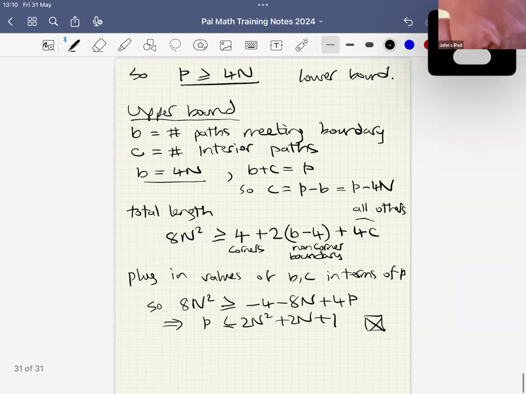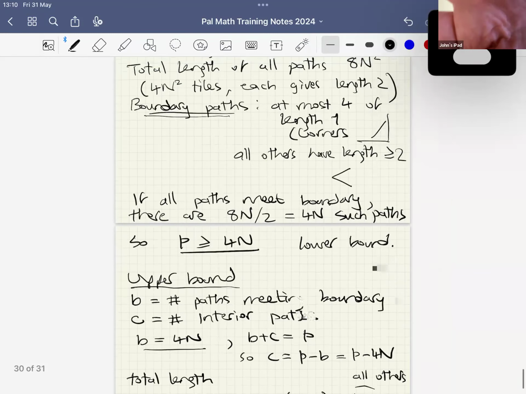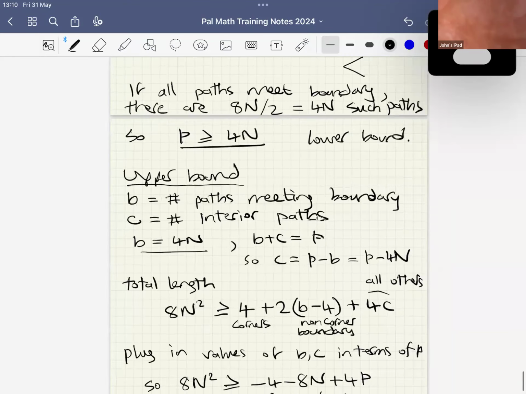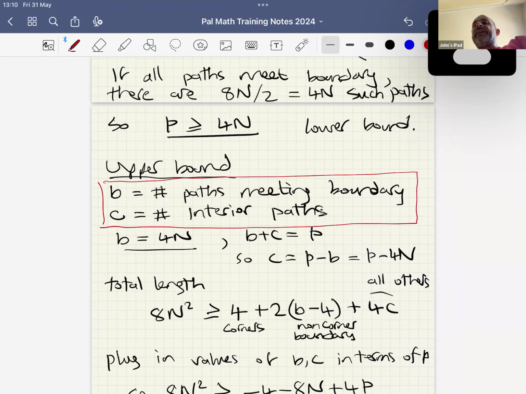Okay, so sorry for going so quickly here, but that's basically it. You've got a calculation which isn't so hard, where you get an estimate for the lengths of various types of paths. So the key thing here really is that you pay attention to the paths that meet the boundary, and then the interior paths that don't meet the boundary.